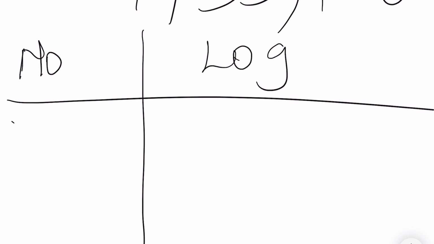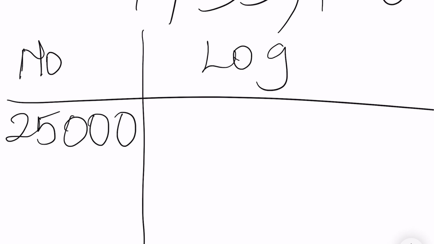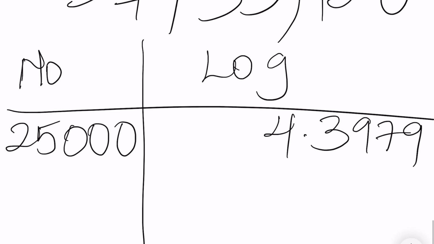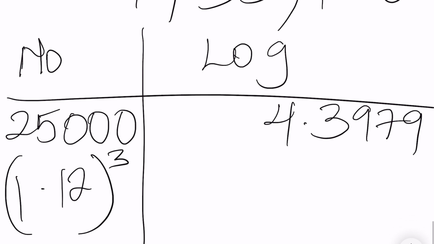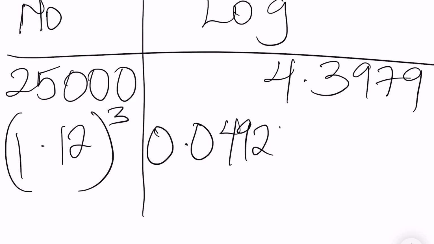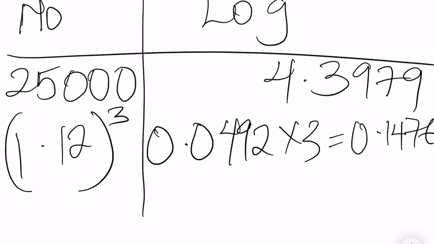For the first one, we have 25,000, whose logarithm is 4.3979. Then we have 1.12 all to the power of 3: 0.0492 times 3 is 0.1476.